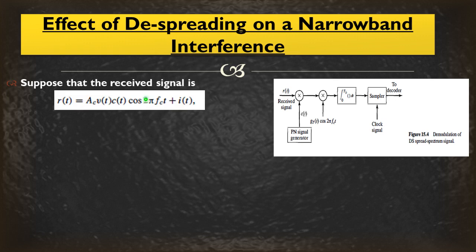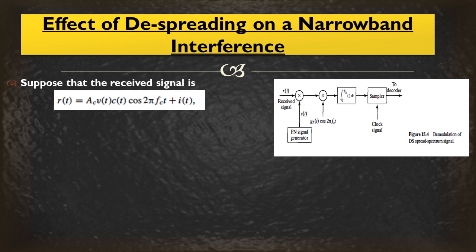This is my signal, A c v(t) c(t) cos 2 pi f_c t. To this signal, even i(t) is added. This is the interference. Now, what is the effect of despreading on the narrowband interference signal? How are you going to eliminate this interference signal? That we have to understand.